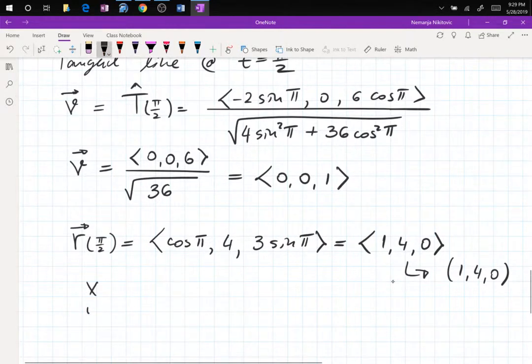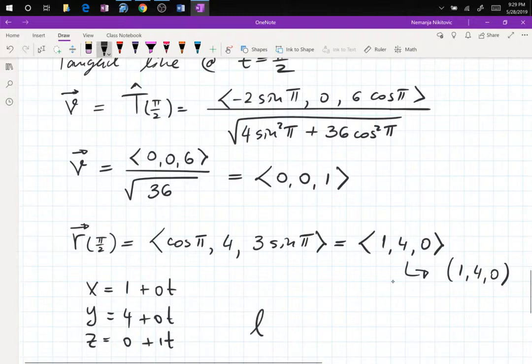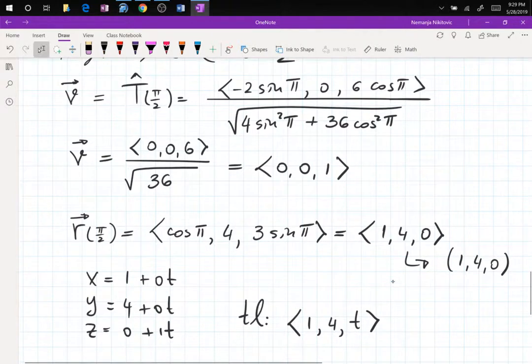So to find my tangent line in space, I have my 1, 4, 0 point, plus 0t, plus 0t, plus 1t. So the tangent line is given by the vector 1, 4, t.